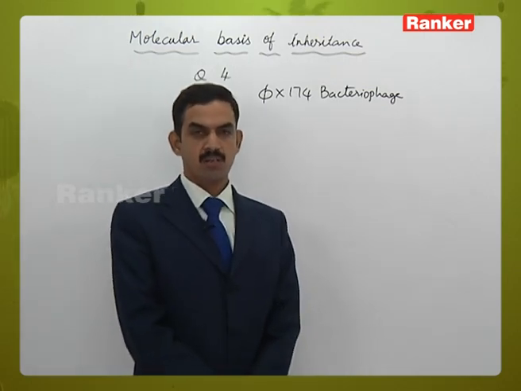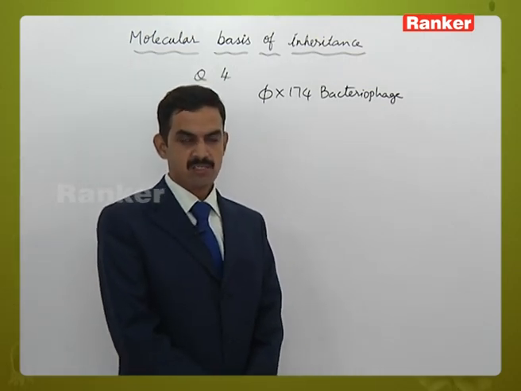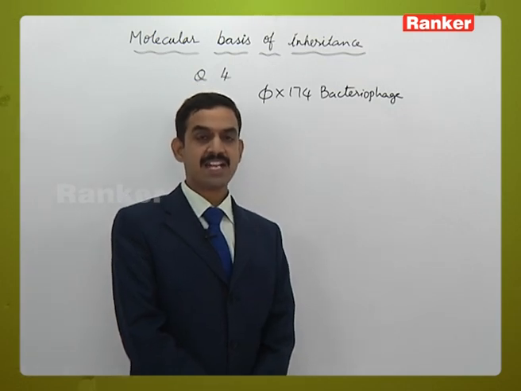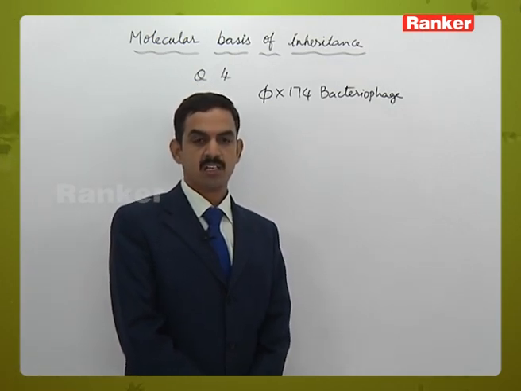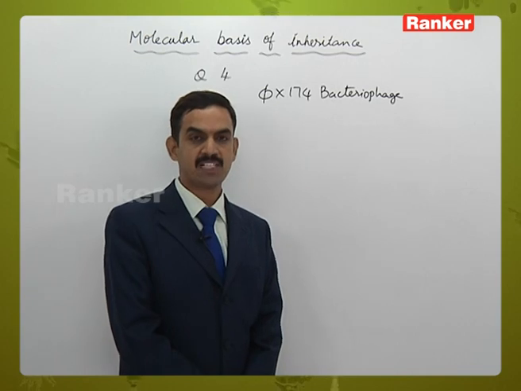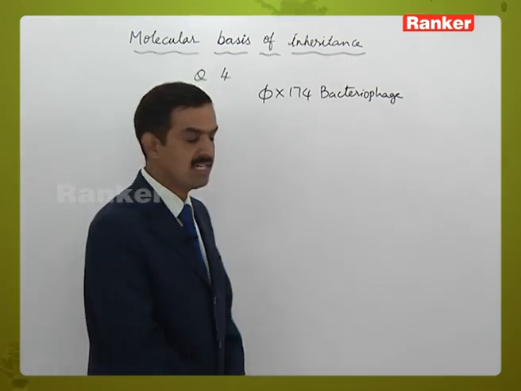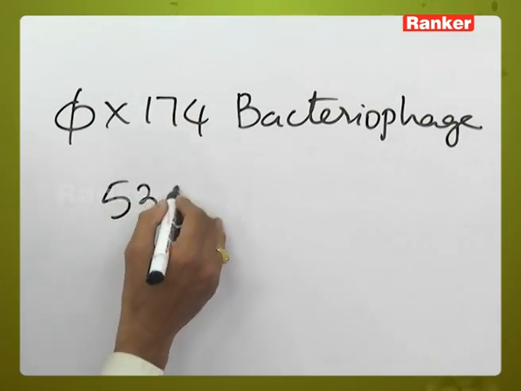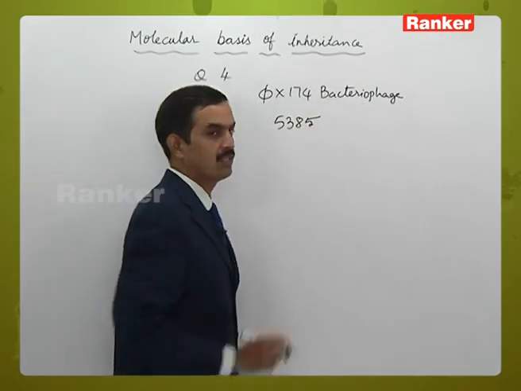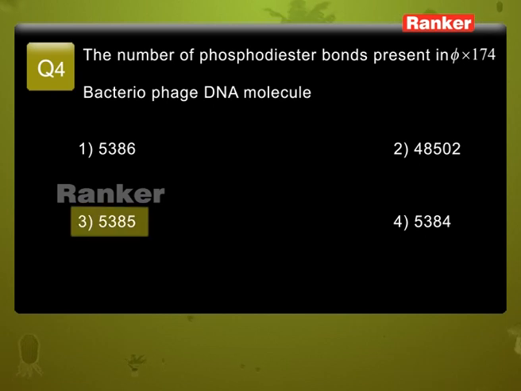In this bacteriophage, it is related to the number of nucleotides. So they have 5386 nucleotides, and the phosphodiester bonds are one less than that, that is 5385. So question number 4, the correct answer is 3.